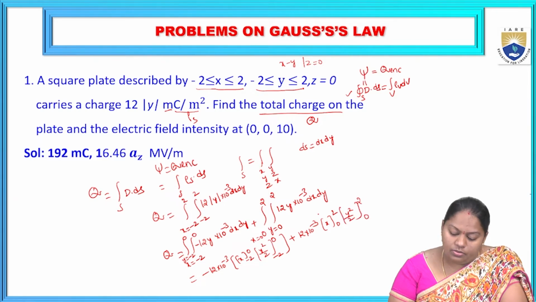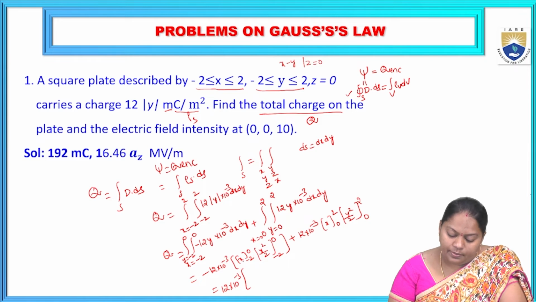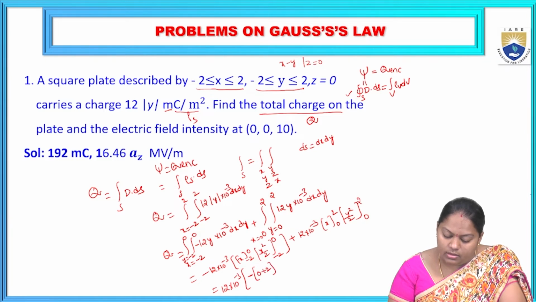Right? So now if you evaluate the complete one, the 12 into 10 power minus 3 is common between the two. If you substitute 0 here, first minus is common here, then 0 minus of -2 plus 2, then upper limit as 0 and lower limit as -2, then -2 square becomes plus, that is 4 by 2.